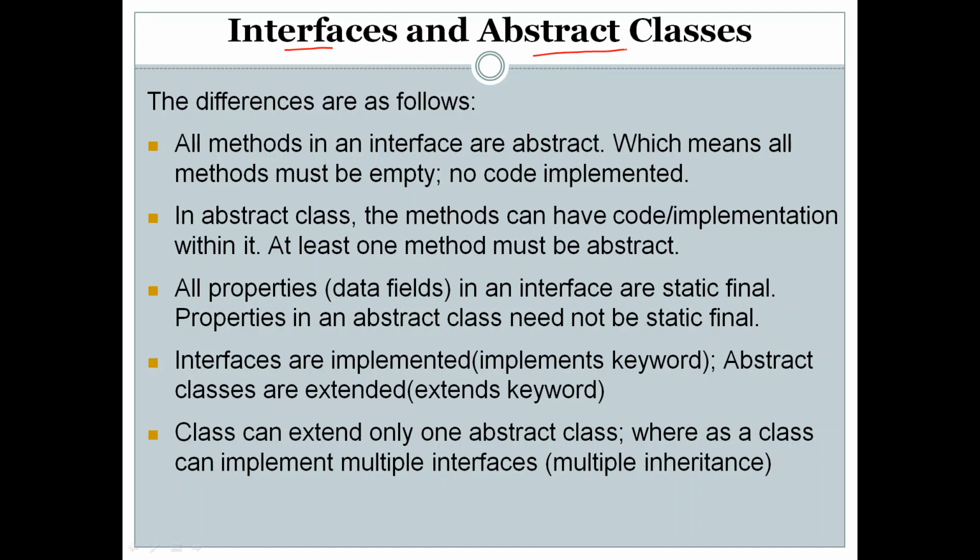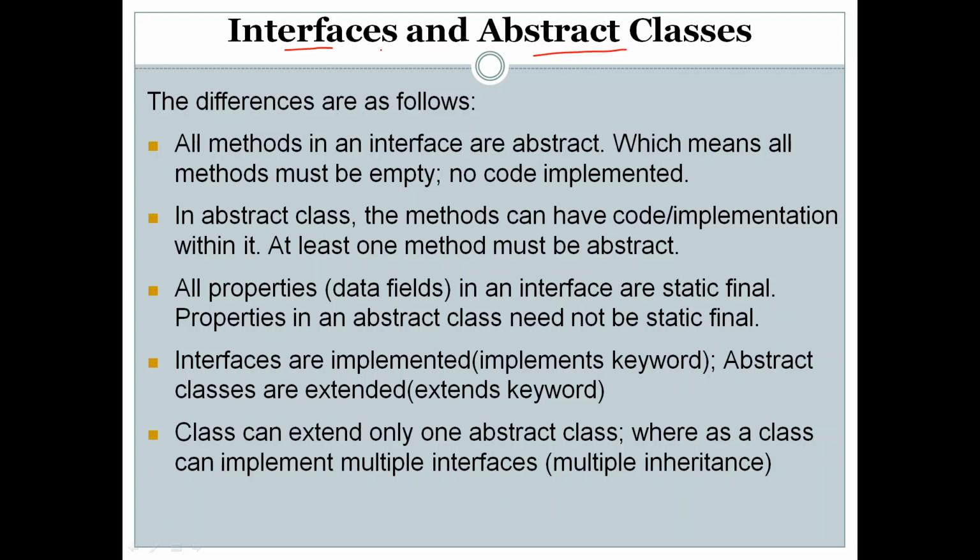For example, you cannot create an object of an interface, in the same way you cannot create an object of an abstract class. Second, abstract classes may include abstract methods, whereas in interfaces all the methods are abstract by default. There are some similarities, and there are some differences between interfaces and abstract classes as well.